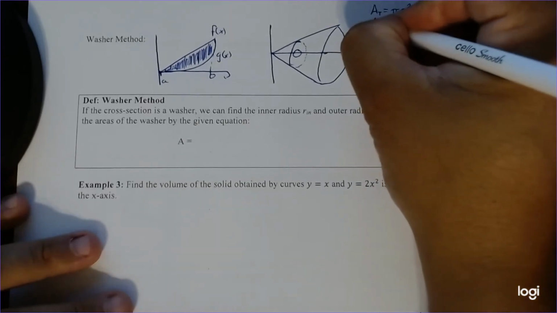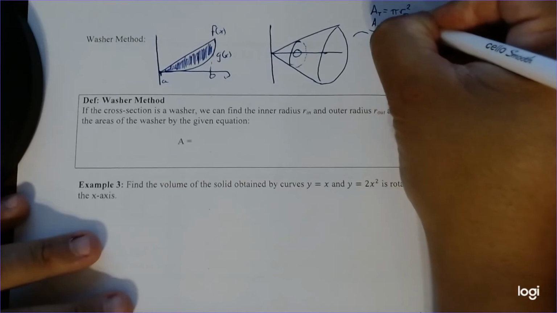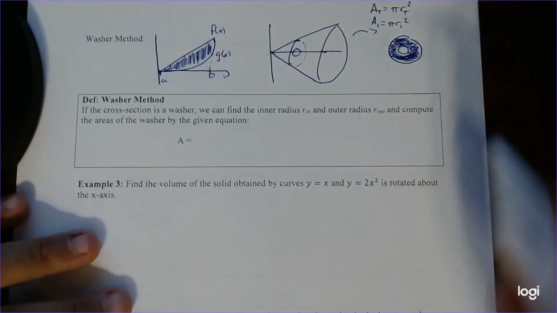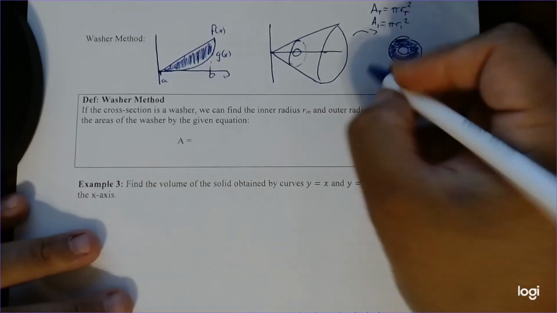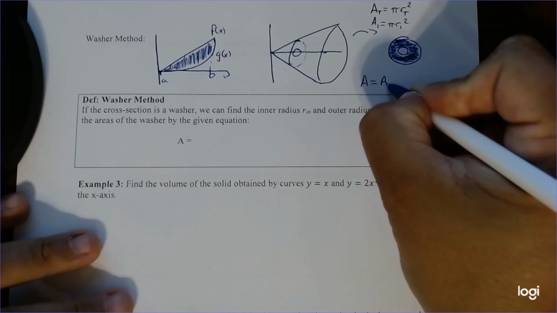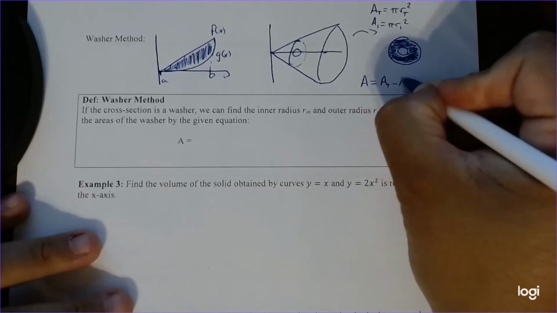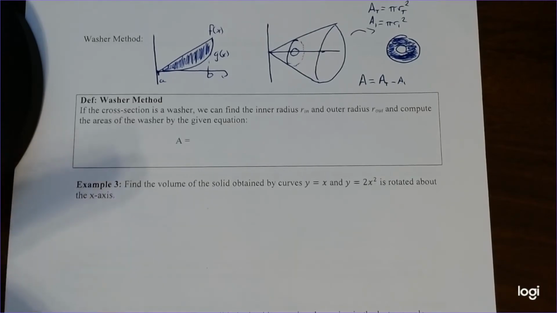So area 1 is pi r1 squared. To find the region we want, we just subtract them: the total area minus the area we don't want. And that's essentially exactly what the washer method is all about.